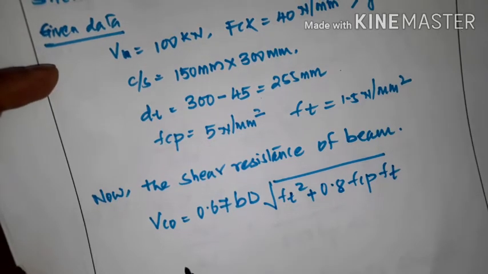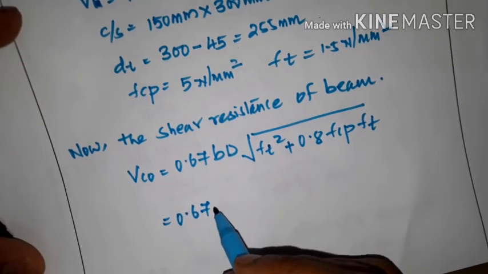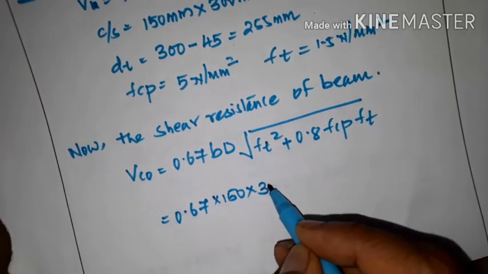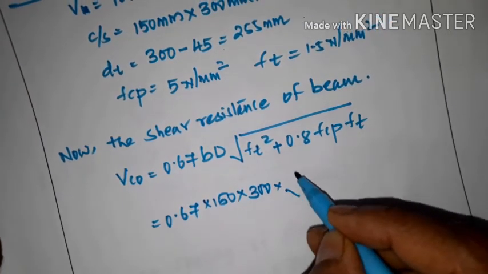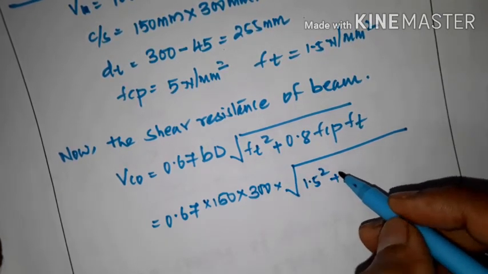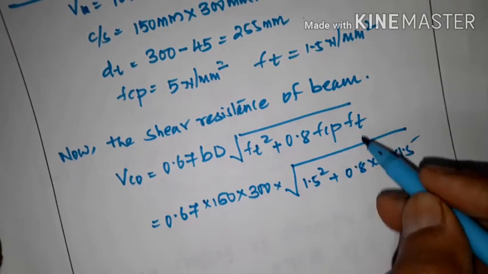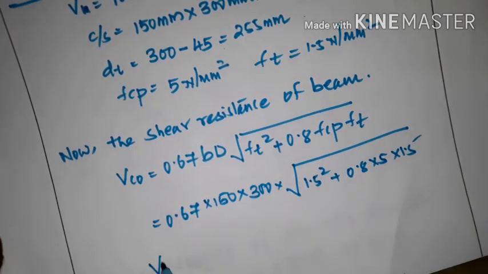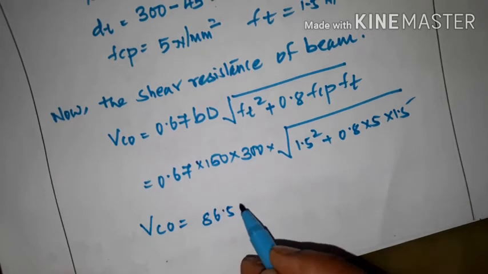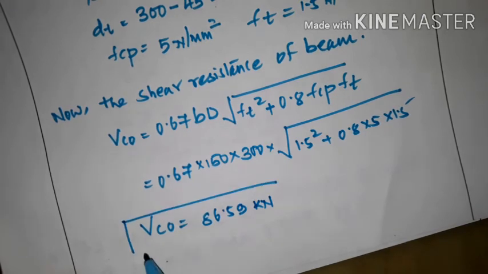Okay, so that is 0.67, B is 150 and D is 300 into square root of 1.5 square plus 0.8 into 5 into 1.5. FCP is given as 5, FT is given as 1.5. Okay, so we will get VCO is equal to 86.59 kilonewton.